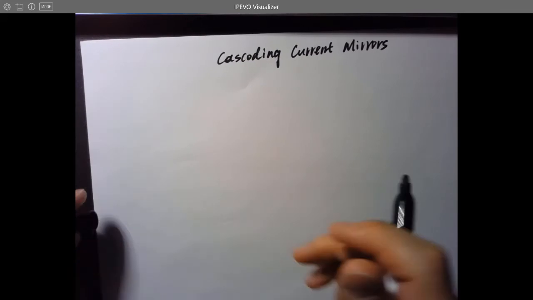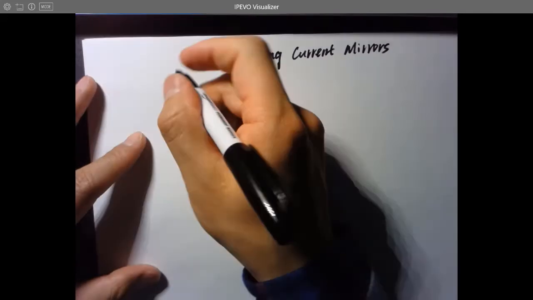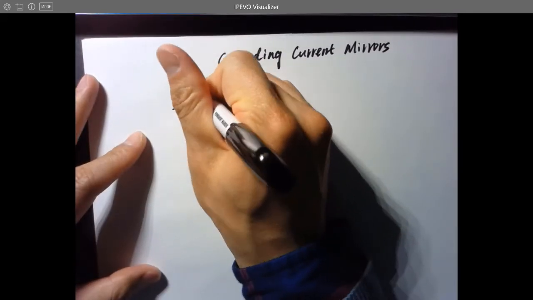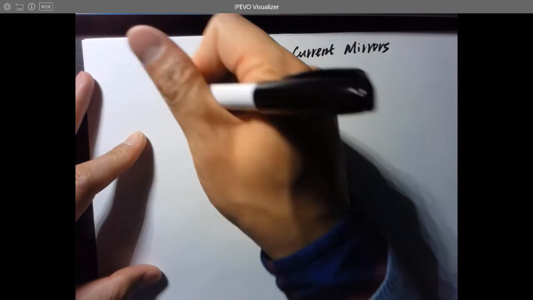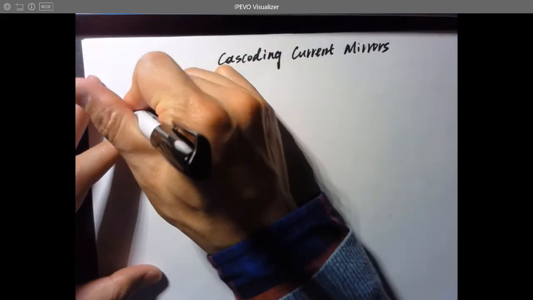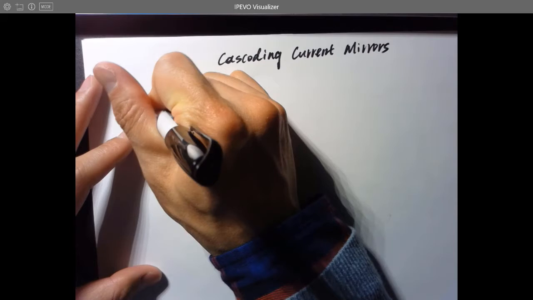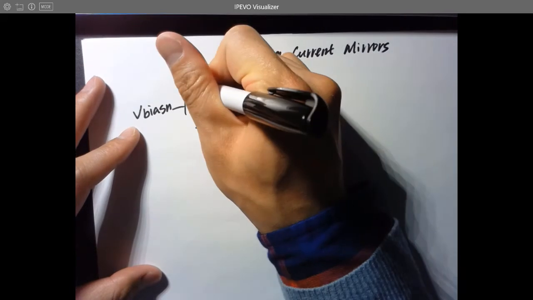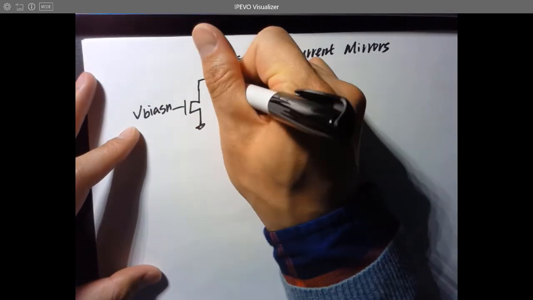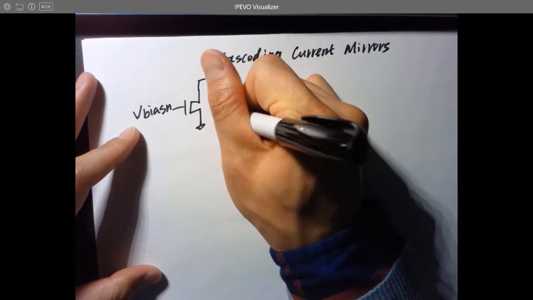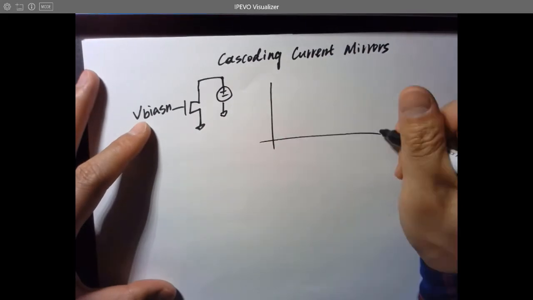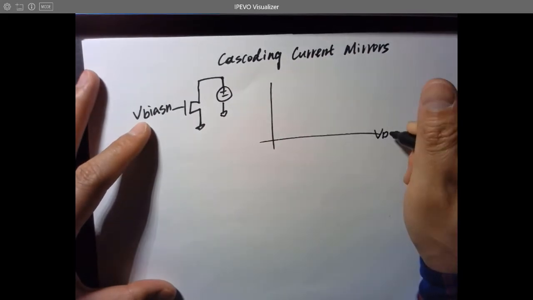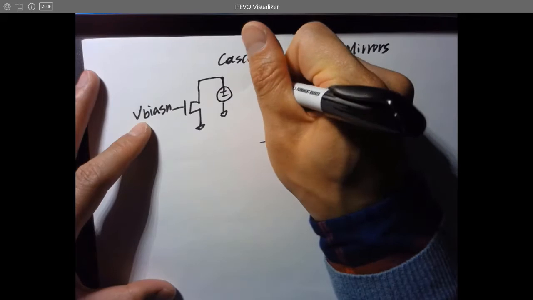So the idea starts from this. If we draw one single NMOS and we bias this NMOS using a voltage called V bias N, and we provide a VDS as well, a voltage over here, and you know the ID, so the IV curve looks like this.